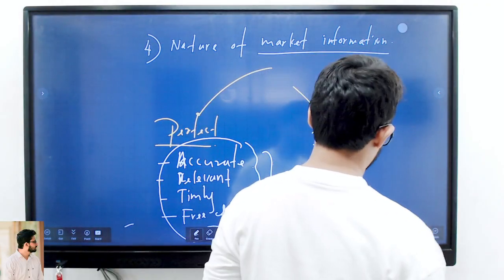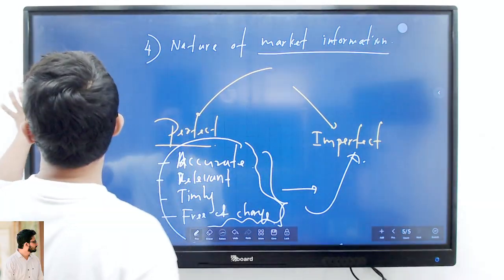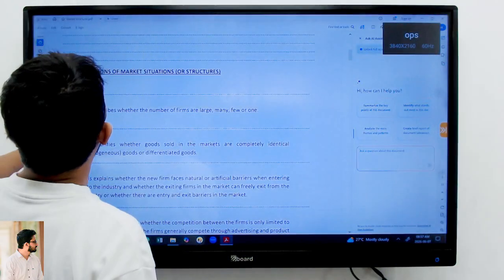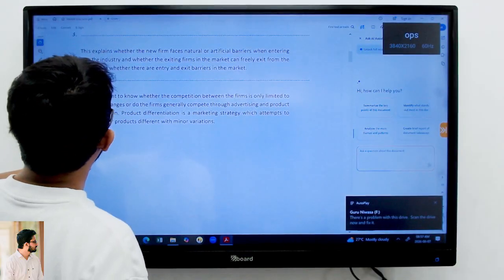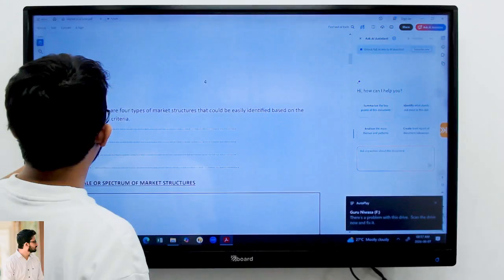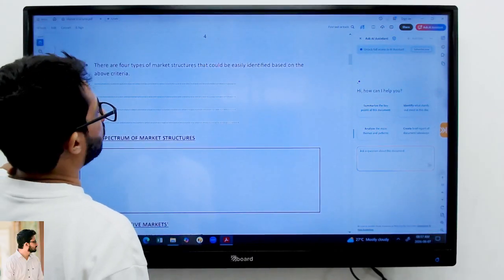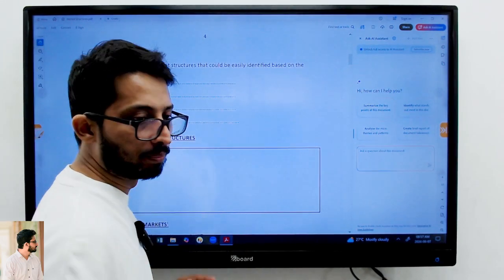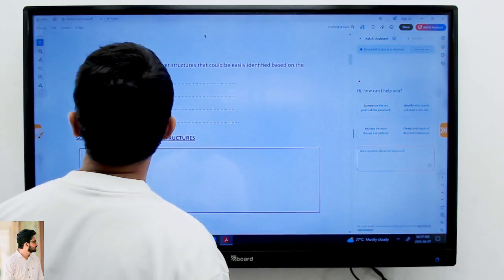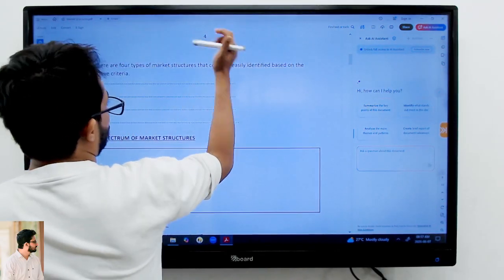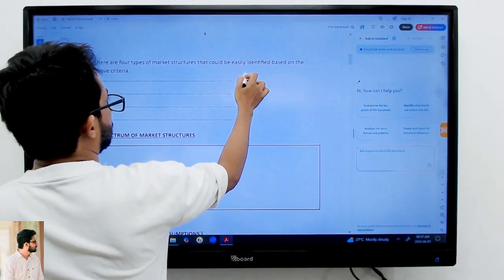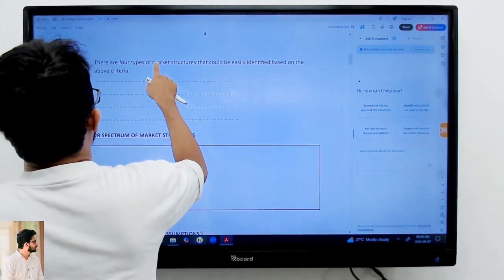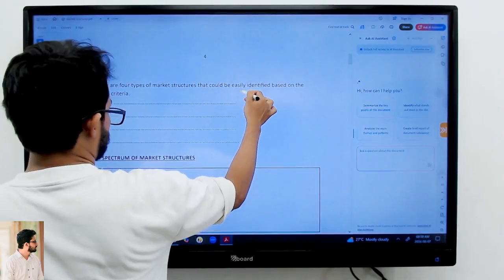Core dimensions, this is done. Then there are 4 types of market structures that could be easily identified based on the above criteria. First one, write down, perfectly competitive market. I'll use the whiteboard, it's easy for me. I'm going to complete these 4 market structures.